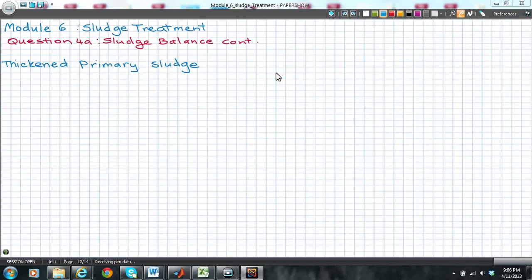For our thickened primary sludge, we know that it is 6% suspended solids, and that is equivalent to a concentration of 60 kilograms of suspended solids per cubic metre. We know that our solids mass flow is 16,000 kilograms of suspended solids per day.